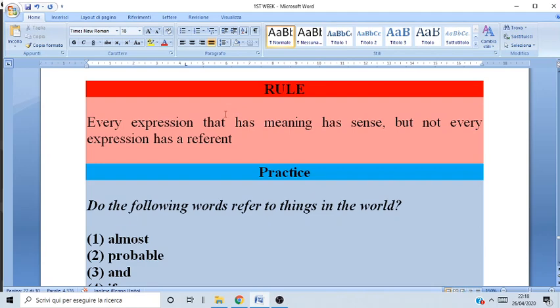Every expression that has meaning has sense, but not every expression has a referent. Remember that this roughly means meaning, and referent has to do with the real world. With that said, look at this practice.